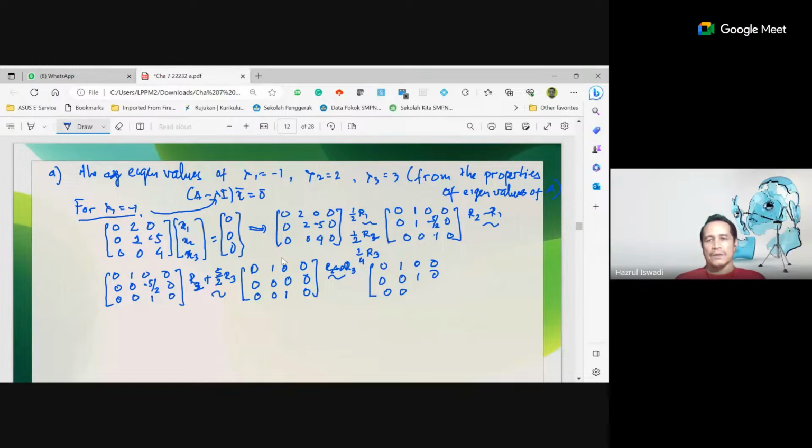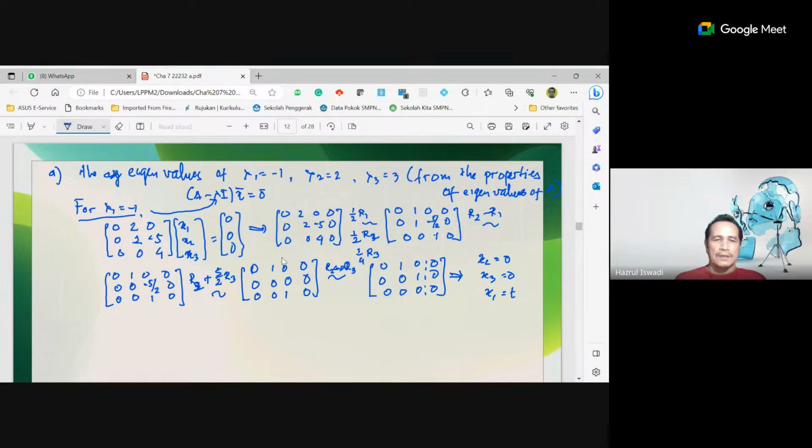So we interpret it to the system. From the first row, we have x2 is equal to 0. And from the second, we have x3 is equal to 0. And we don't know about x1. So we let x1 be t, and t is any number.